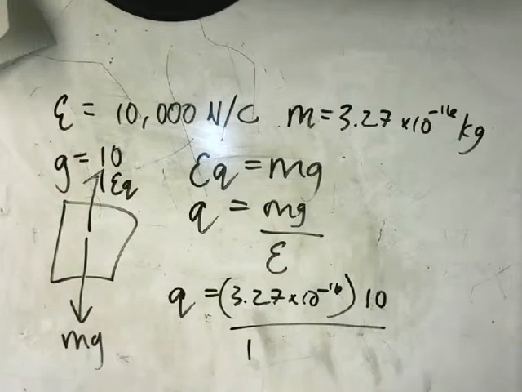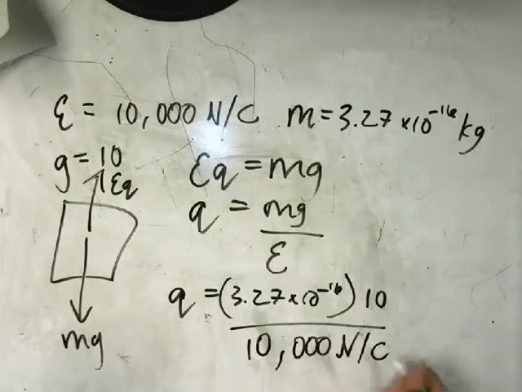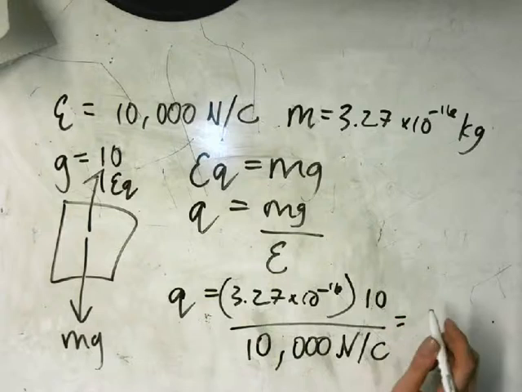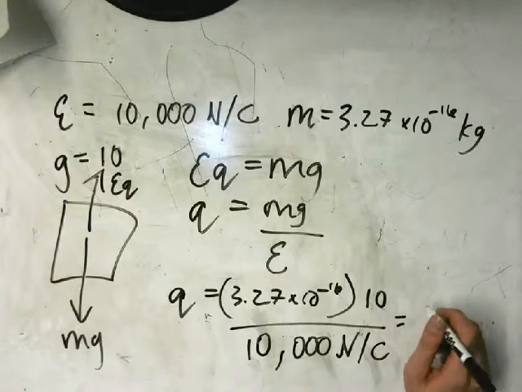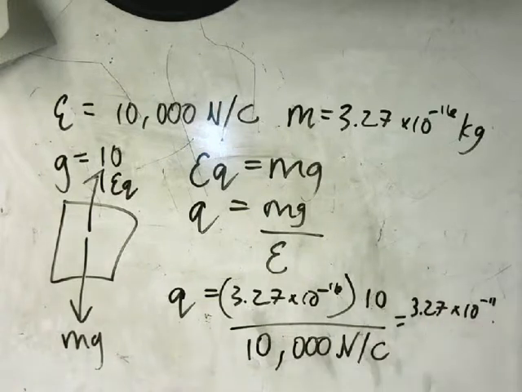So, this is 10,000 newtons per coulomb. Simplify that and you get that the answer is 3.27 times 10 to the negative 11, and that's the magnitude of the charge on this drop.